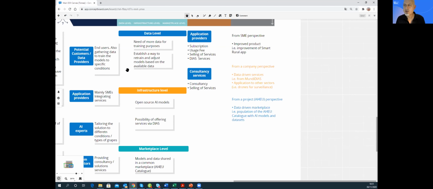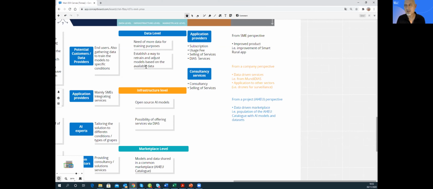And also, almost sure, based on this data, probably we will need to make some adjustments to the models. So the models will not remain as they are right now. And this means that if we are following, for instance, this open source approach, that means that someone has to take care of these changes in the future.